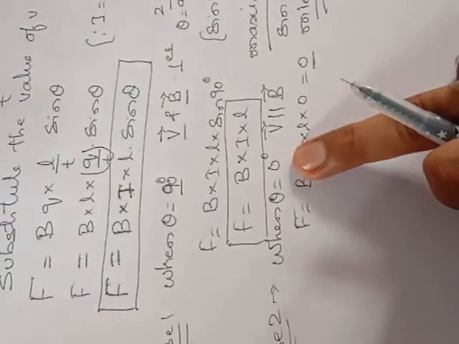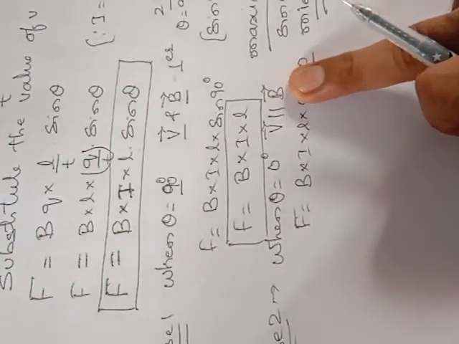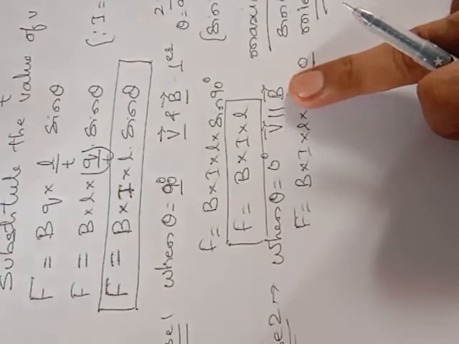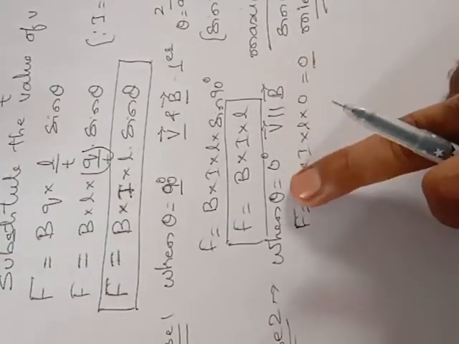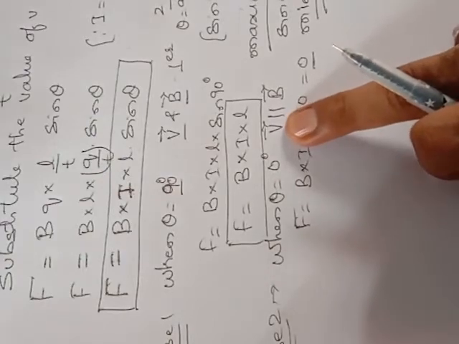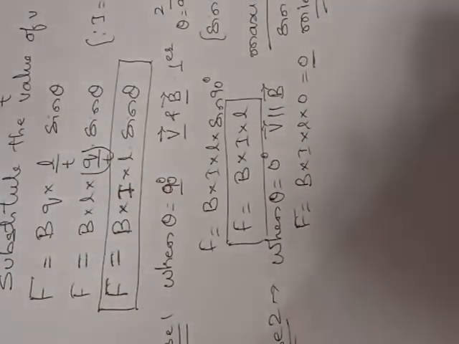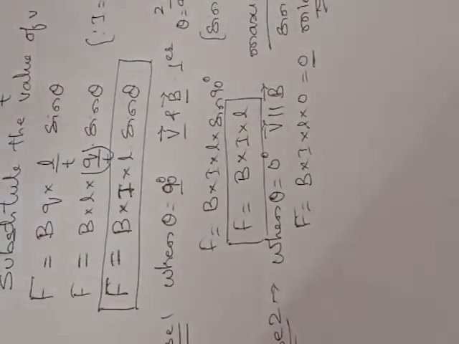Second, when theta is equal to 0, V is parallel to B, means the velocity of the particle is along the direction of the magnetic field. So the force will become minimum. So these are the two conditions for which the force is maximum and minimum.